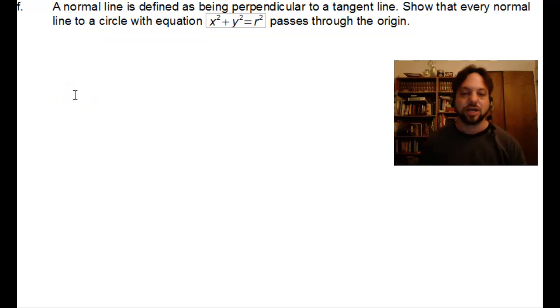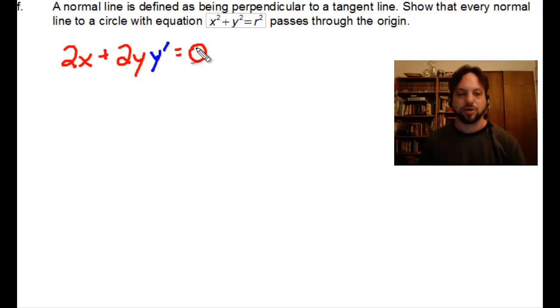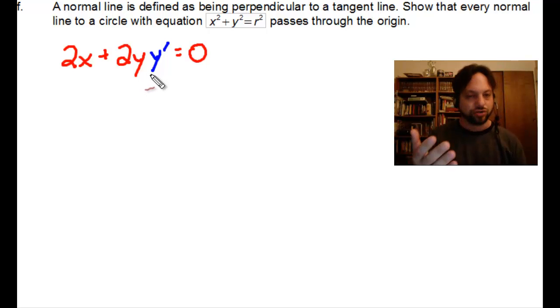So let's actually find a few things out. The first thing that we should try to do is to find the slope of any tangent line to the circle. And to do that, we'll just implicitly differentiate this. That would just be 2x plus 2y y prime equals 0. And yes, I am changing notations here. You can use dy dx, you can use y prime.